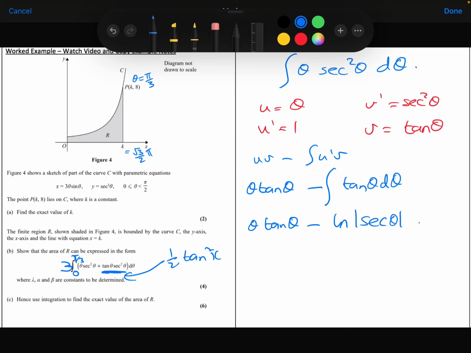So we have figured out that the integral of our theta sec squared is this, and our integral of our tan theta sec squared is this. So let's put both of those together now. So my answer is going to be 3 lots, because remember I've got that 3 on the outside of the integral, of theta tan theta minus ln sec theta plus a half tan squared theta.